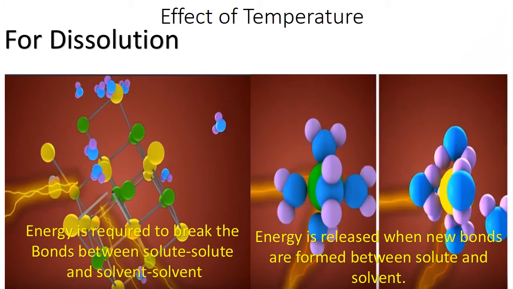Now let's see the effect of temperature. If a solute has to be dissolved in a solvent, energy is required to break the existing bonds between solute-solute and solvent-solvent. And that energy will be released when new bonds are formed between solute and solvent.